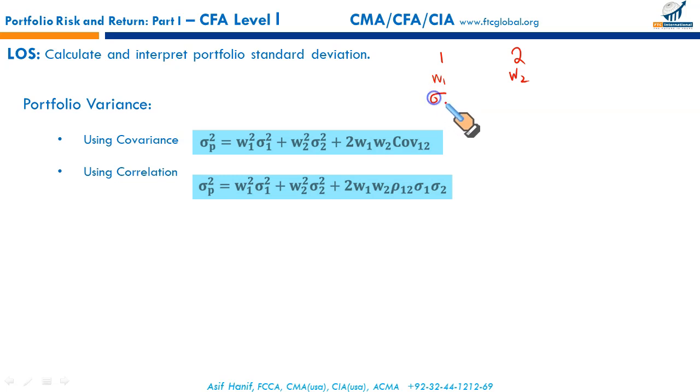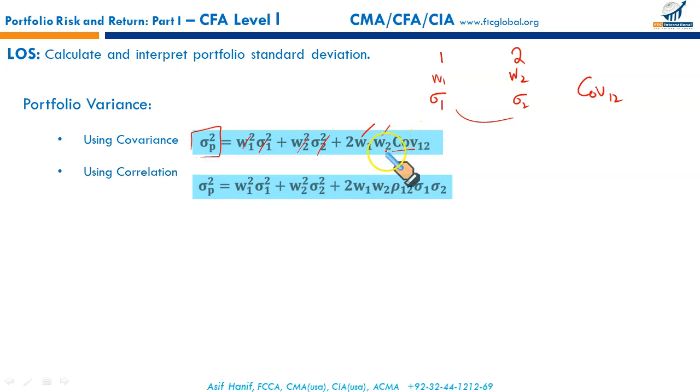The standard deviation of asset 1 and the standard deviation of asset 2, and of course the covariance is represented as COV12. So if you just use this formula, weight 1 squared times variance 1, weight 2 squared times variance 2, plus 2 times weight 1 times weight 2 times covariance, it will give you the combined volatility of these two assets together in a portfolio.